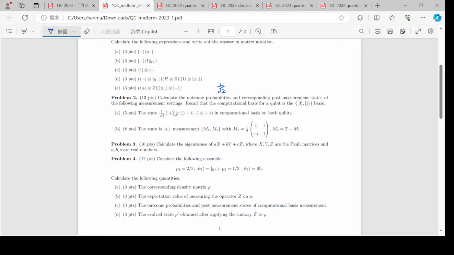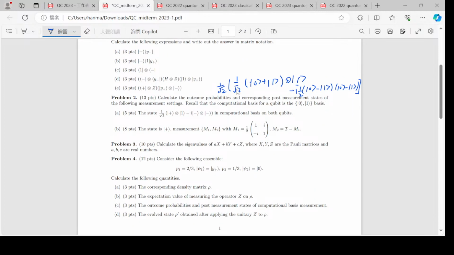So the plus state is 1 over square root 2 of (0 plus 1), tensor 1. And we have minus i of minus tensor minus, so it's 1 over 2 of (0 minus 1)(0 minus 1). You just need to do the calculation carefully.